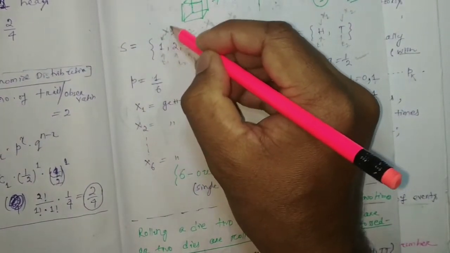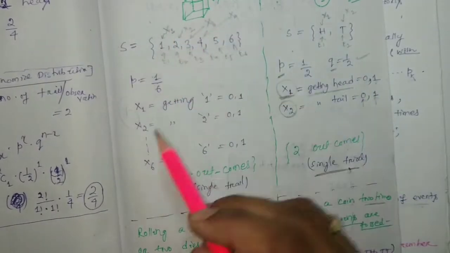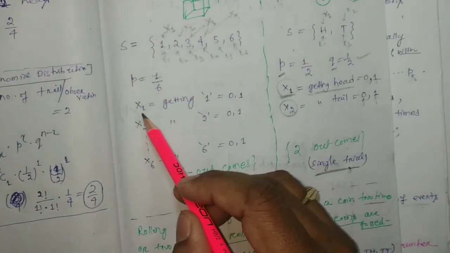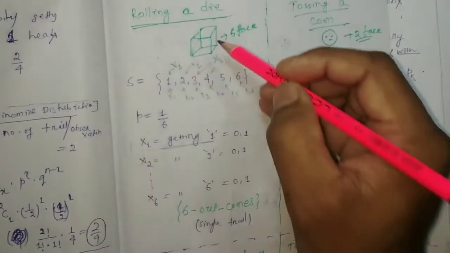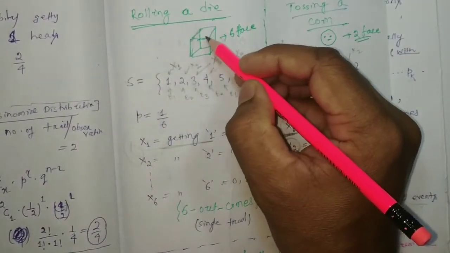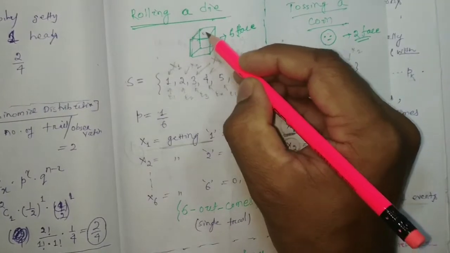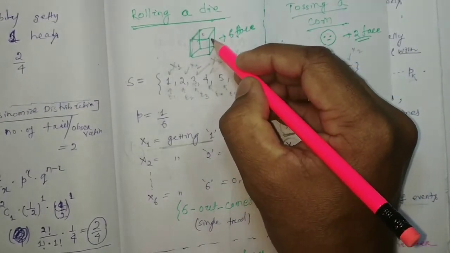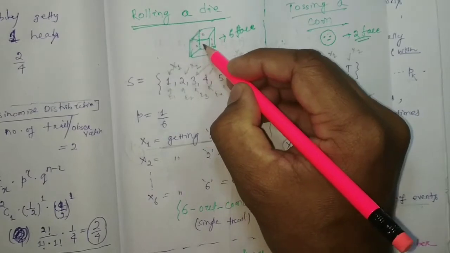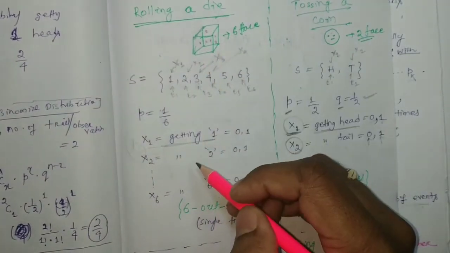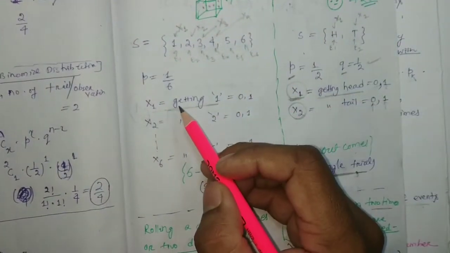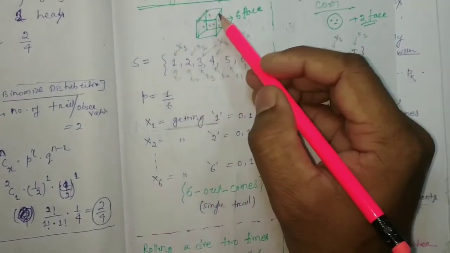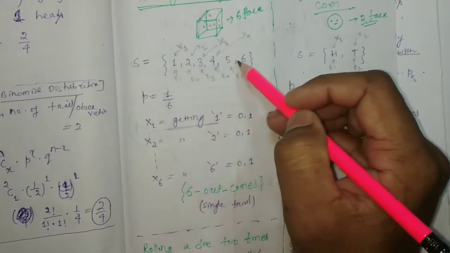random variable x1, that is getting number 1. If it is your dice, the 6 faces will be numbered like this: 1 2 3. So whenever I roll the dice, it can come up with 1 2 3 4, like this.